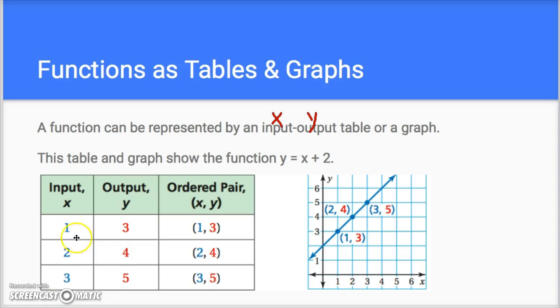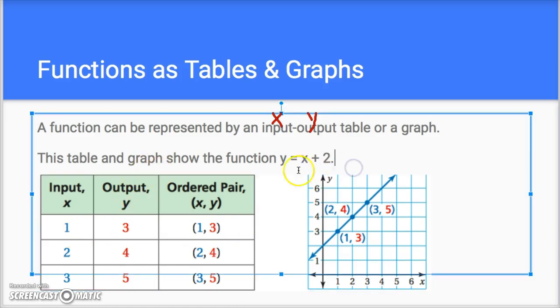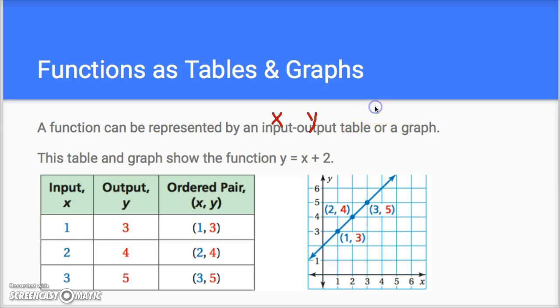They chose to use 1, 2, and 3. And then you just plug each of those into the equation, and what you get as your answer goes in the y column. So if x is 1, when I plug that in, 1 plus 2 equals 3. So that's why they put a 3 right there. 2 plus 2 is 4. 3 plus 2 is 5.